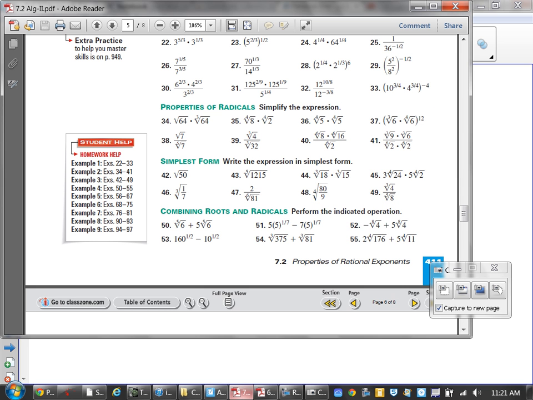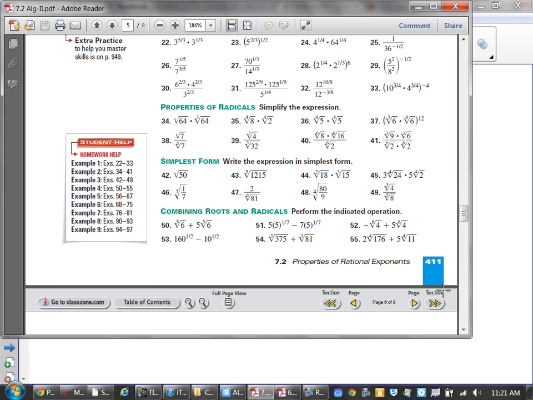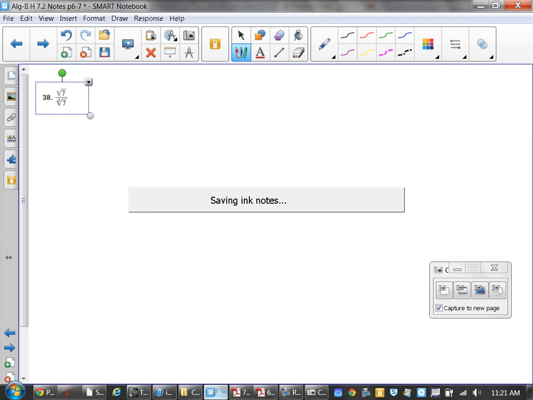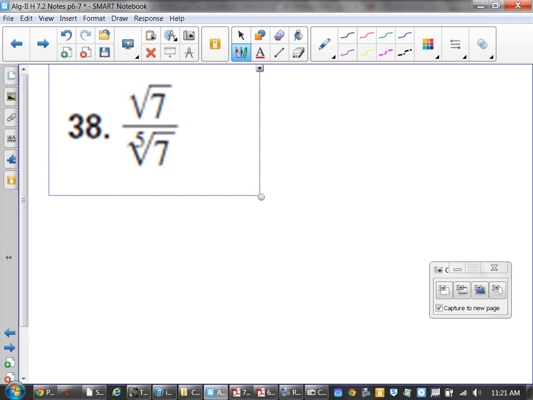Now, as you get into some of the more complex ones, like 38, when you have 38, does everybody agree you have the same base? It's just now written as an nth root. So let's rewrite these bases with an exponent. Isn't that 7 to the 1/2? Yeah. 7 to the 1/5.